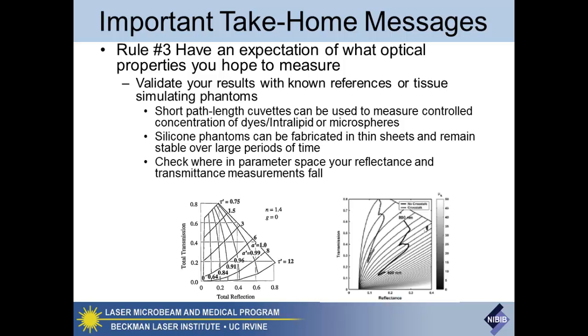Or again, go back to this figure and map the optical properties that are calculated onto this parameter space to really see, am I in a range that will produce reliable results, or am I collapsing in the parameter space where a measurement error of 1% would be a 20% error in optical properties. So just know where you stand when you do this.